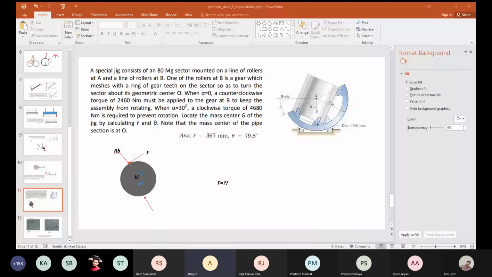Let me see. Maybe some mega kg. I mean 10 to the power 3 kg. I have taken 80 into 10 to the power 3 into 9.8. W is equal to mg is equal to 80 into 10 to the power 3 into 9.8.